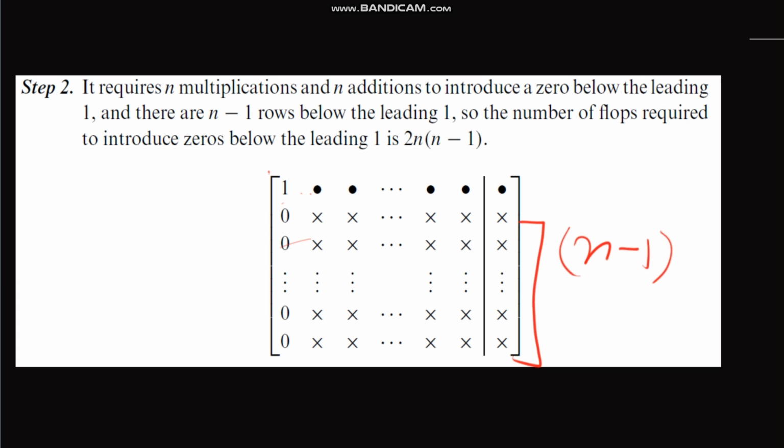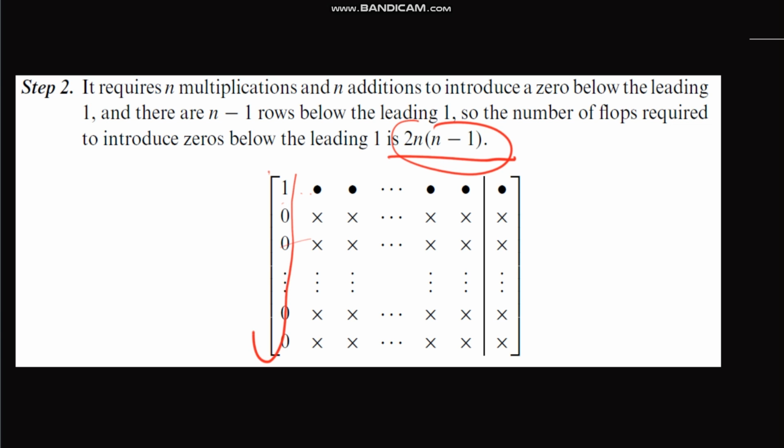On every row we are applying 2n floating point operations. So the total number of operations that we need to introduce 0 below the first column is 2n into n minus 1.